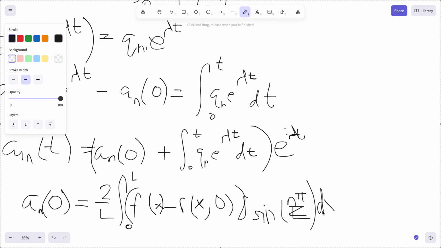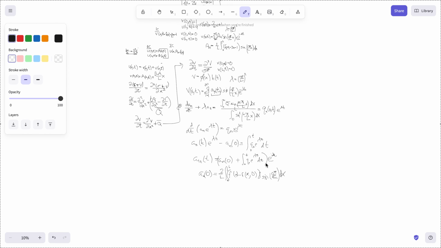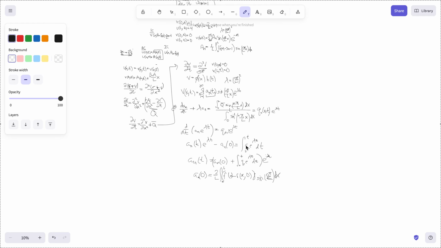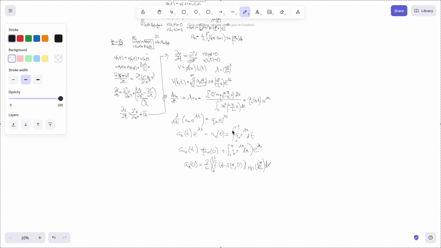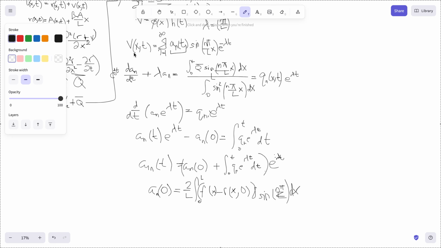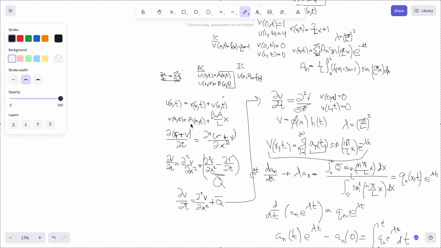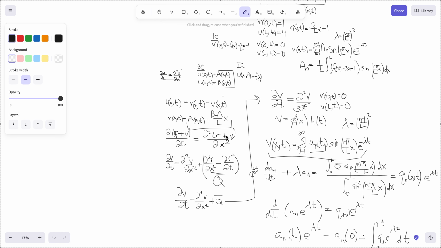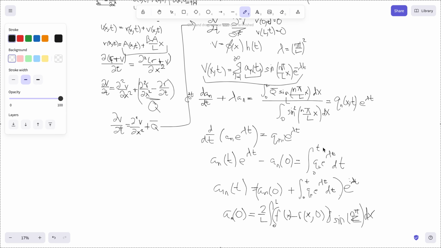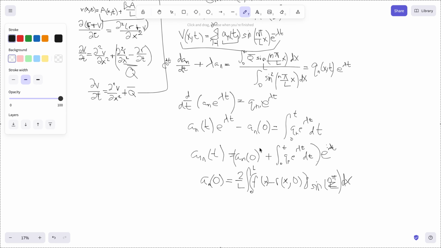And so you might be wondering what this all means, but basically we now have our formula for v of x comma t, which if we sum with our r of x comma t formula gives us u of x comma t, and the coefficient of v of x comma t comes from this equation right here, where q sub n is just this integral that you can solve for, and a sub n of 0 is this integral that you can solve for.